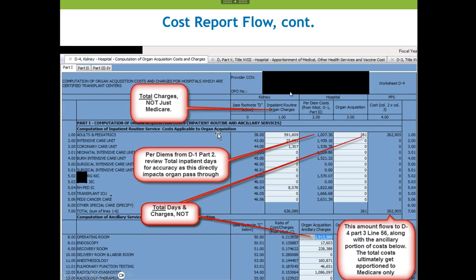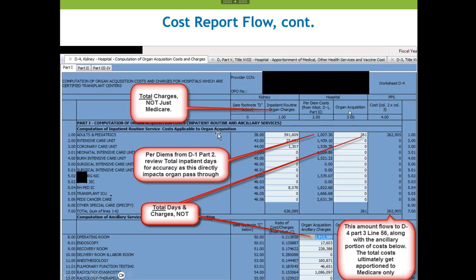So here we see that. I know we've been talking about it quite a bit. This is D-4 Part 1. All these routine cost centers, you have the per diem, which was pulled over from D-1. You need to report the routine charges just for informational purposes only.